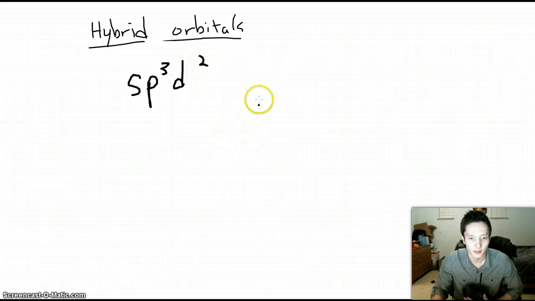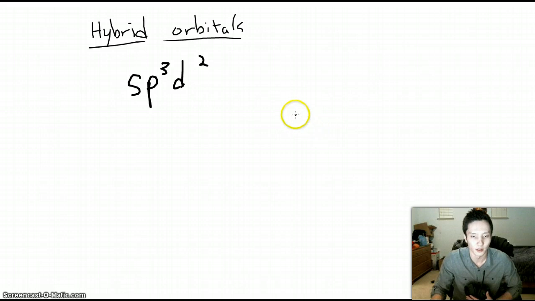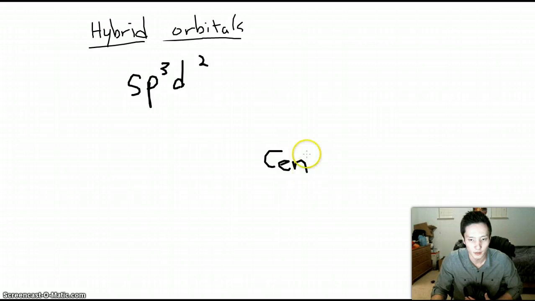So how we calculate hybrid orbitals is take the center atom and count the things around it. These things can be lone pairs or atoms. Let's say we have some kind of center atom, and we have one attachment, whether it's a lone pair or an atom. This falls into the s orbital, so we call this s hybridized.